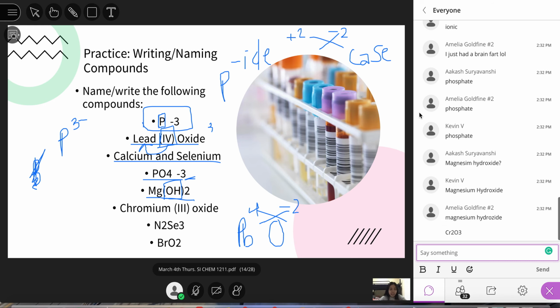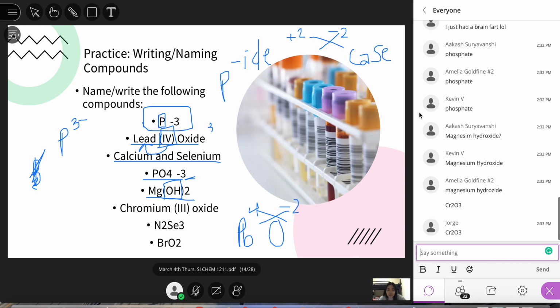What about chromium 3 oxide? Okay. All right. And do we agree with that? Because that's correct, yeah. It's pretty easy, I think, because oxygen is -2, so you just cross. What about N2Se3? That's selenium, and that's nitrogen. So what's the name for that? Do we remember all that?